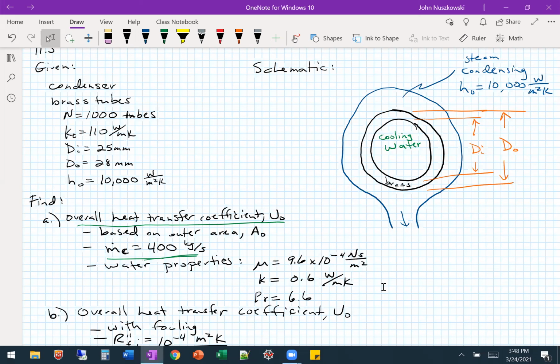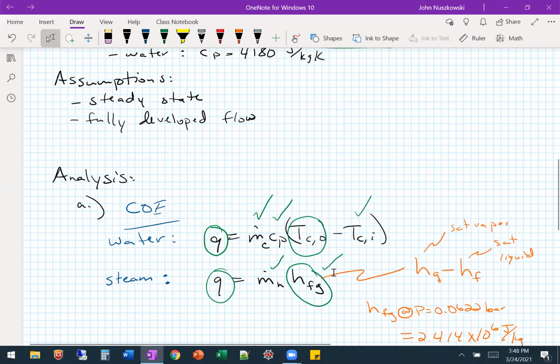Okay. Yeah, so we have convection from the steam, we have conduction through the brass, and then we have convection through the cooling water. Sometimes we're able to neglect that conduction, and in this case, we could compare it and see whether we can neglect it. But anyways, it has information, so we can solve for it and see whether it's negligible if we really wanted to neglect it anyway.